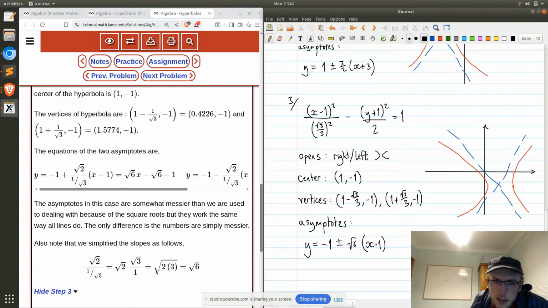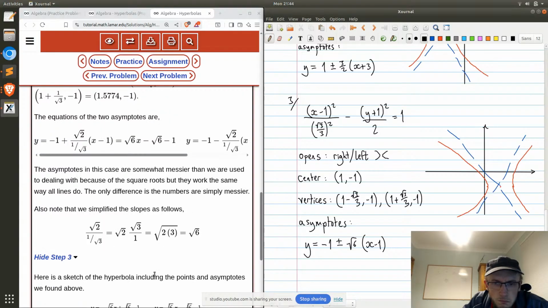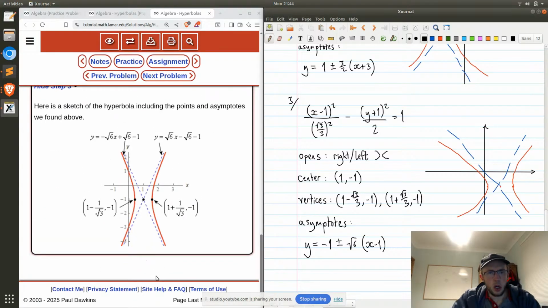It should be root 6. Okay, that's fixed now.